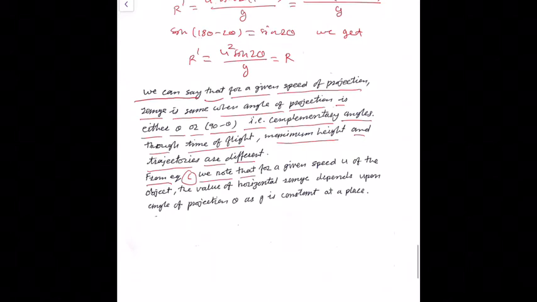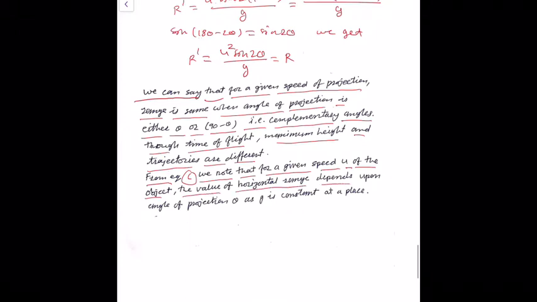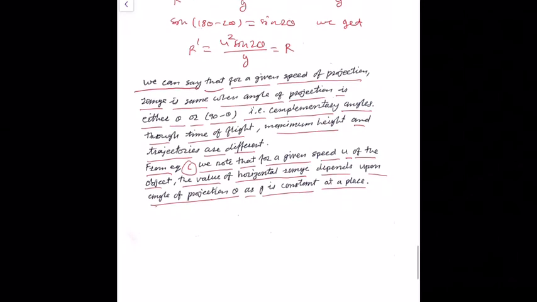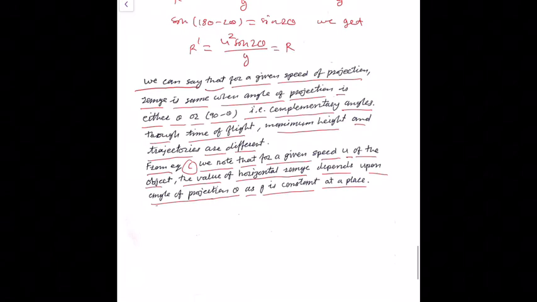From equation 6, we note that for a given speed u of the object, the value of horizontal range depends upon the angle of projection theta, as g is constant at a place.